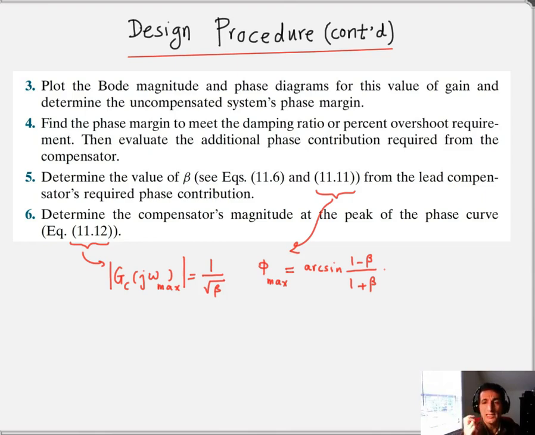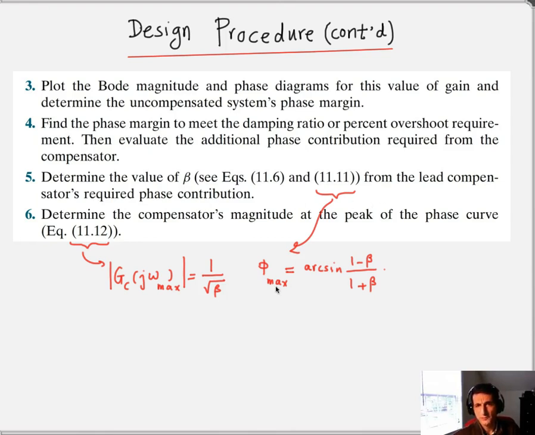For a lead compensator, we assume that the additional phase contribution by the compensator is going to be somewhere around 10 degrees, and 10 degrees is something that we're going to use.